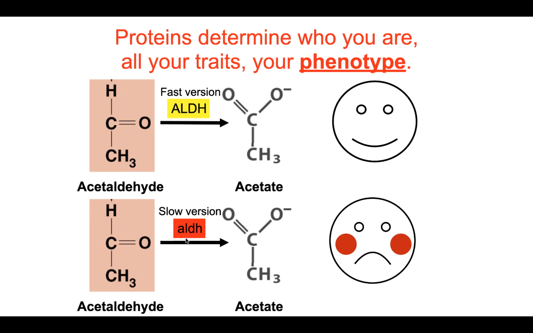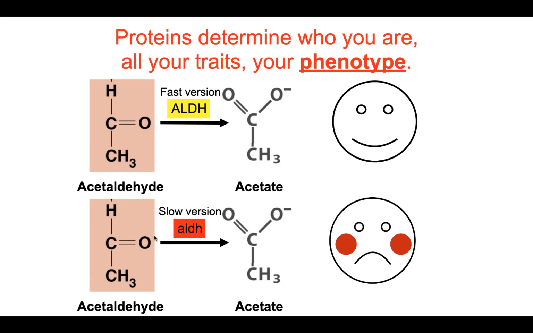So it's the same protein, the acetaldehyde dehydrogenase protein, but its structure is a little bit different such that it doesn't work quite as well. So this person who has the fast version of the protein, when they consume alcohol, that acetaldehyde gets broken down into acetate very quickly. And that person has, let's say, quote, a normal response to ethanol. That is the person's phenotype, okay, with regards to this particular response to alcohol.